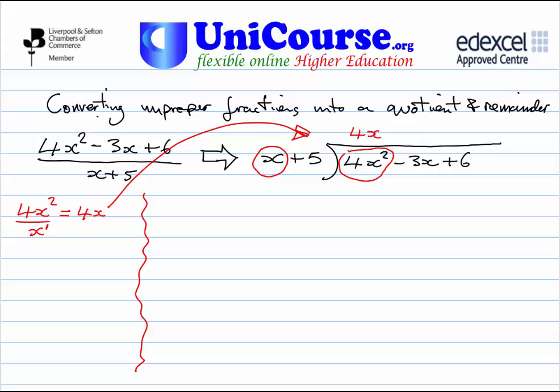The next step is to get hold of this 4x that we've just put in here and multiply it by each of these terms here in the denominator. So you get the 4x times the x, which is obviously 4x squared, familiar. And that goes there in the x squared column.